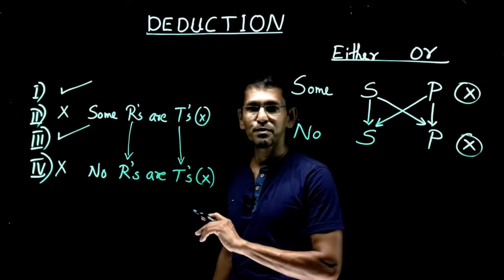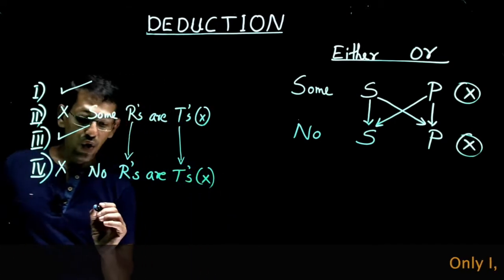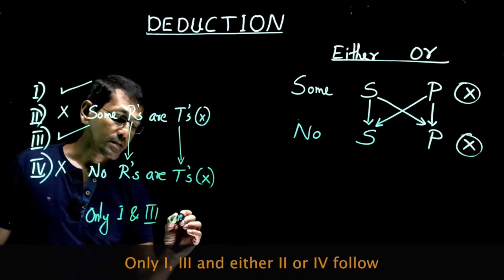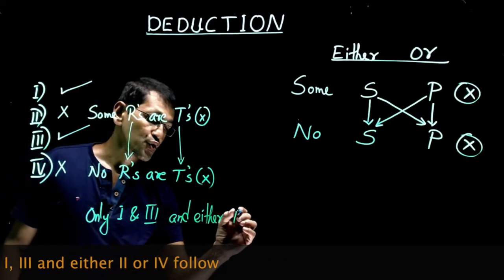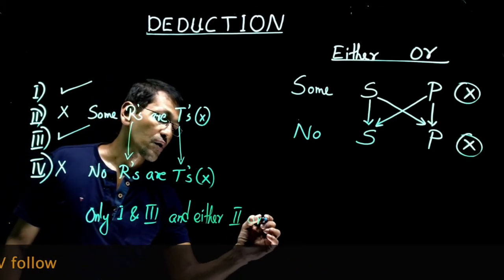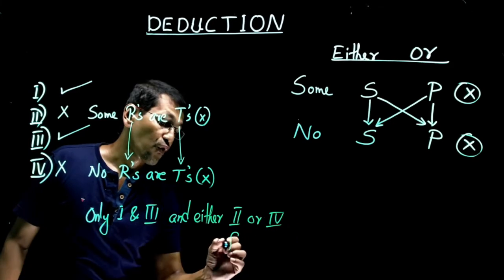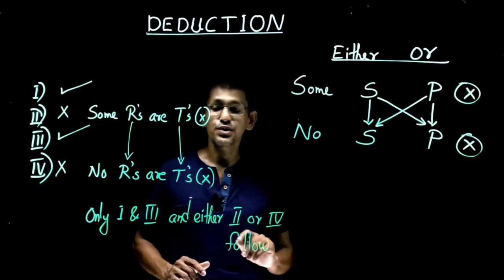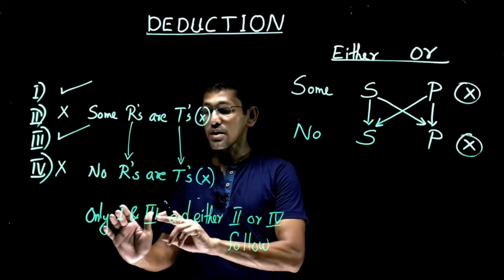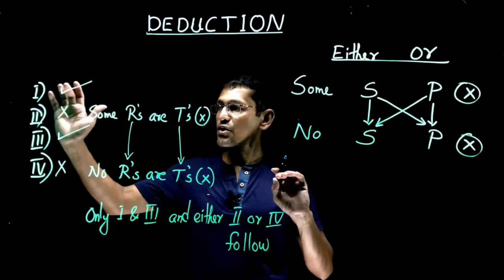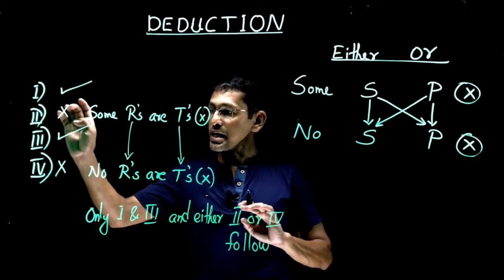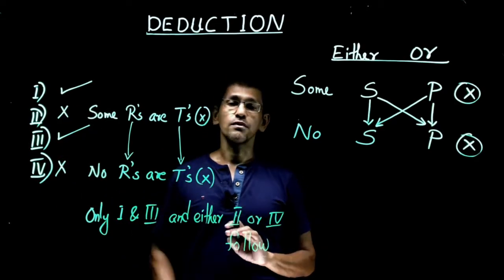The final answer would be only 1 and 3 and either 2 or 4 follow. That would be the final answer for this question. Definitely we know that 1 and 3 follow, along with that, either 2 or 4.